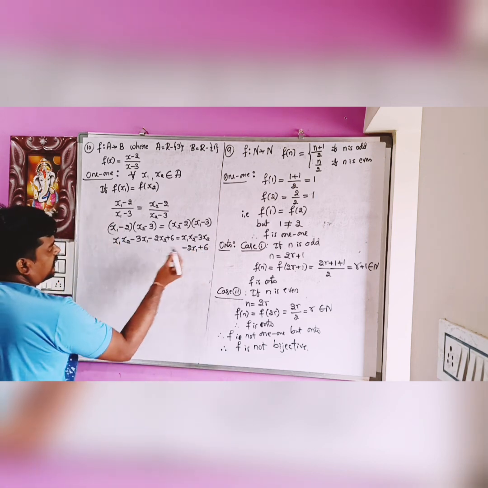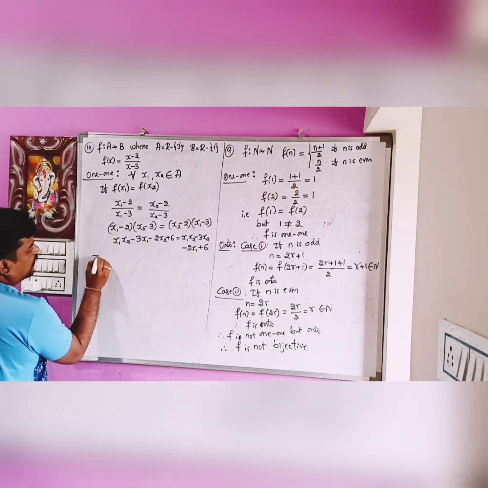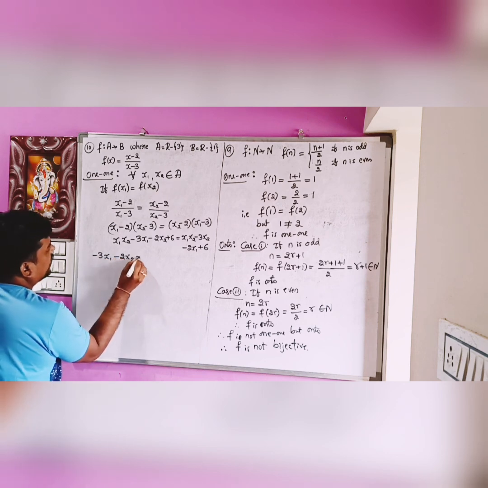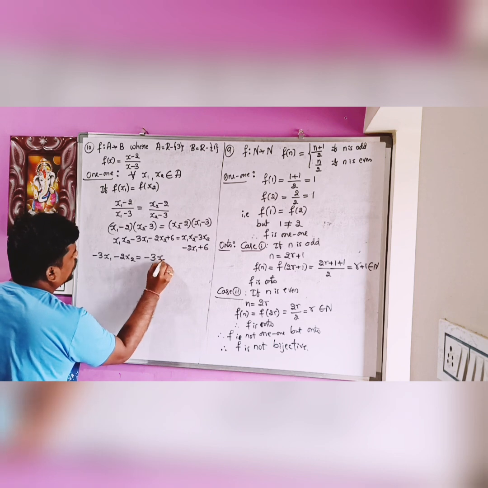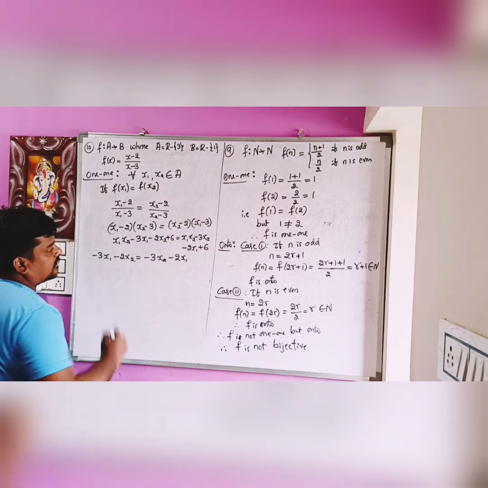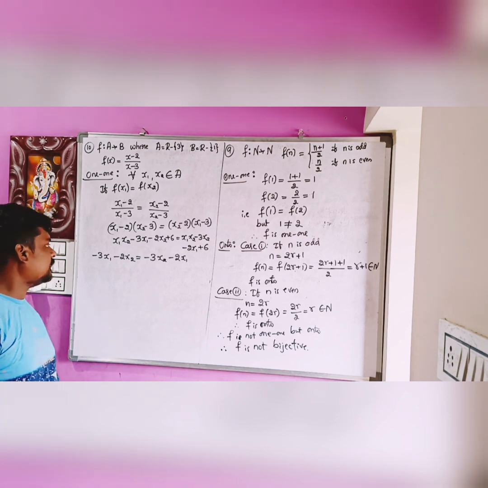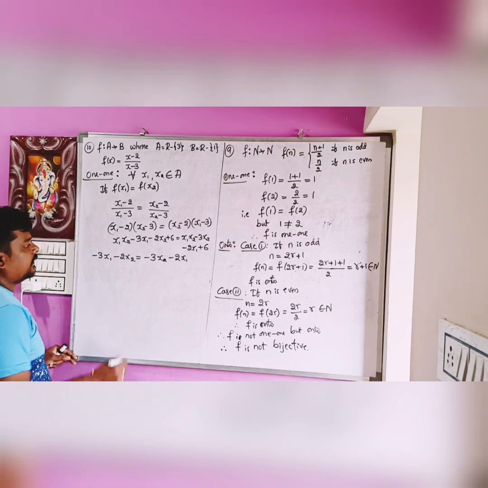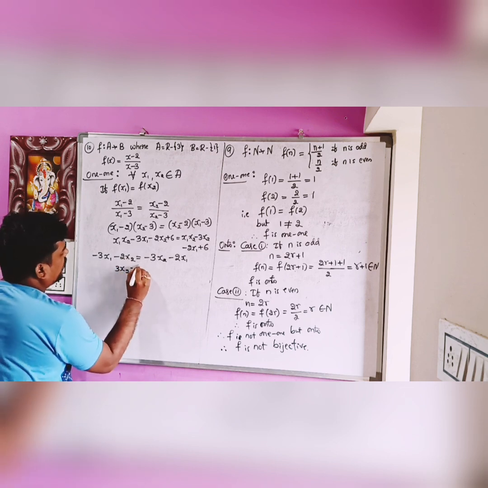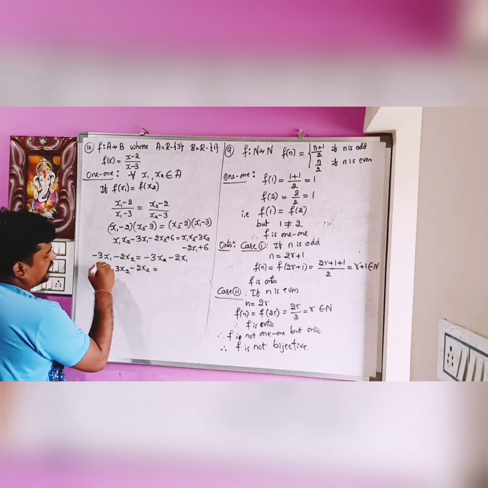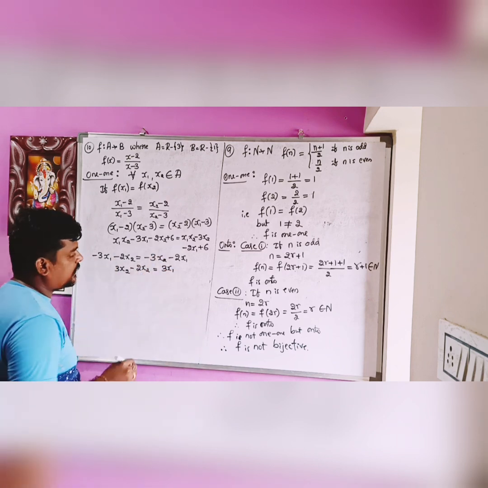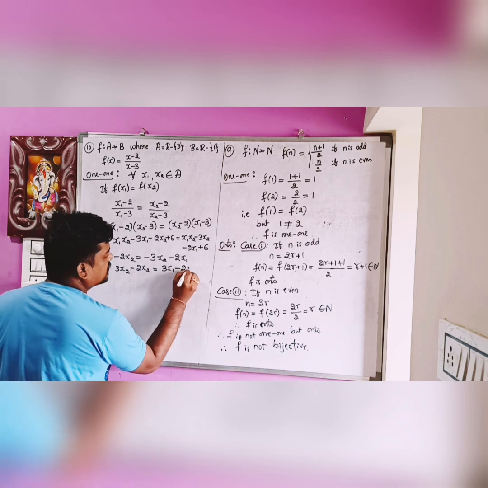Now 6 gets cancelled and x1x2 gets cancelled. So minus 3x1 minus 2x2 is equal to minus 3x2 minus 2x1. Now collect x1 and x2 on one side: 3x2 minus 2x2 equals 3x1 minus 2x1.